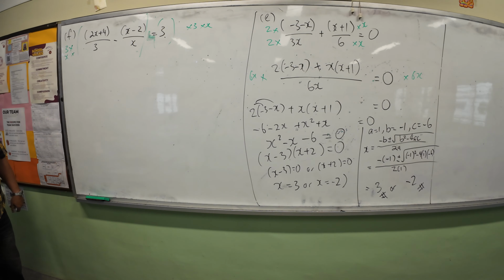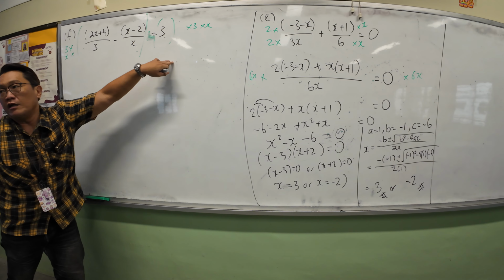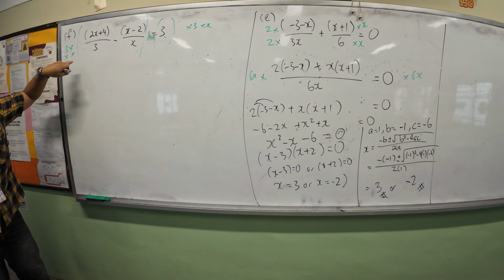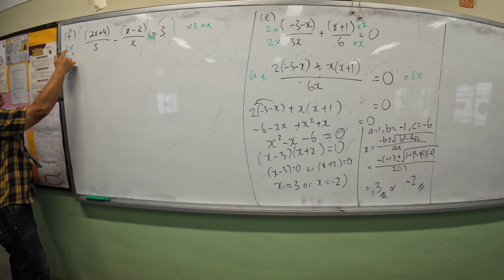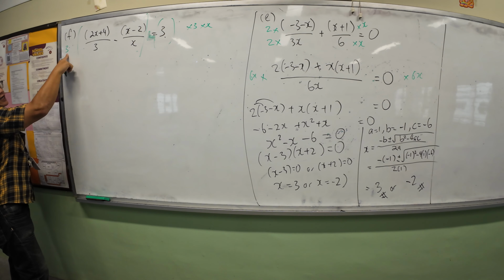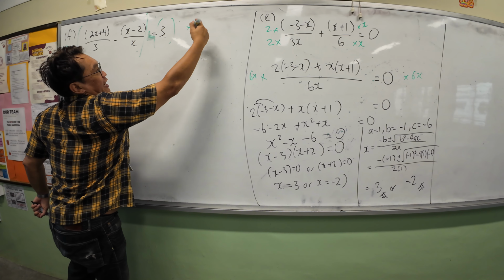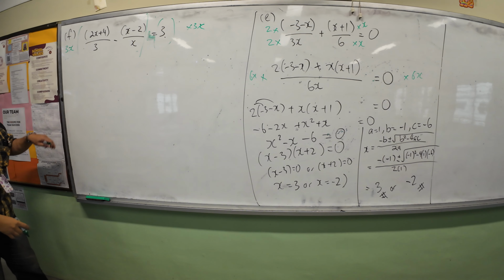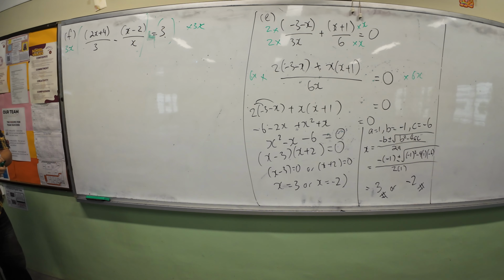Okay? So what will be the result? Pay attention. I don't want this 3, so I multiply 3 to everything. I don't want this x, so I multiply x to everything. So the result will be, I multiply 3x to the left, I multiply 3x to the right. This 3x, the 3 will cancel with this 3.